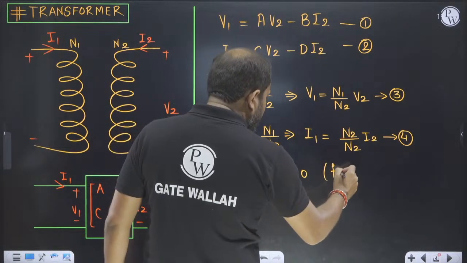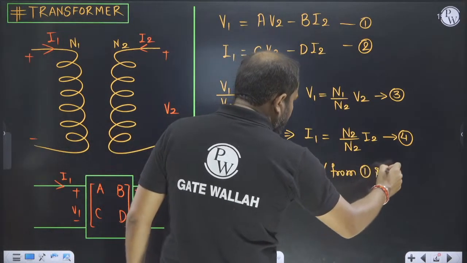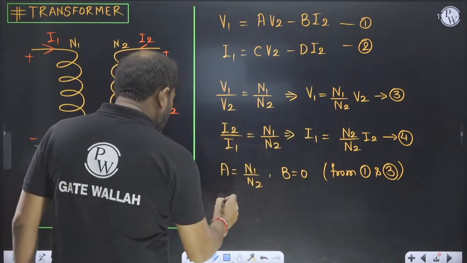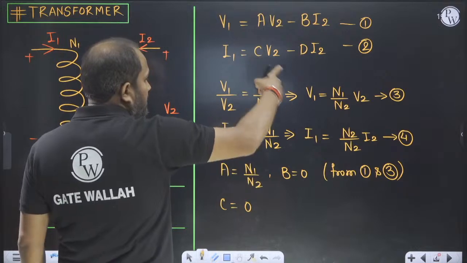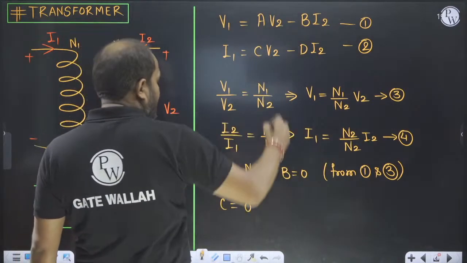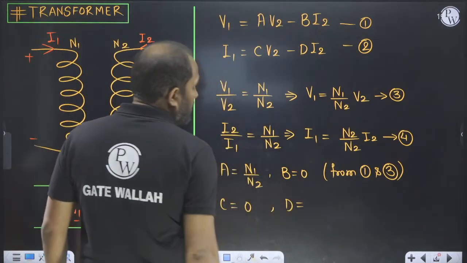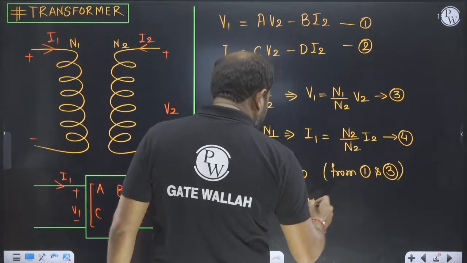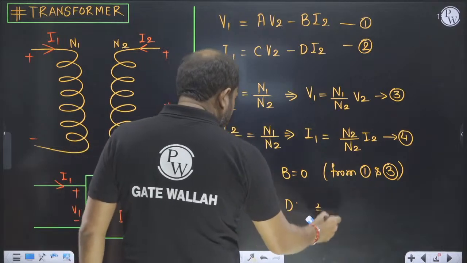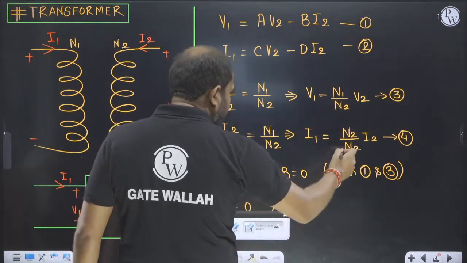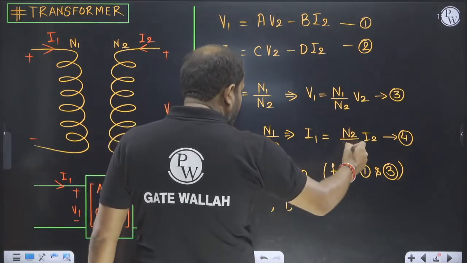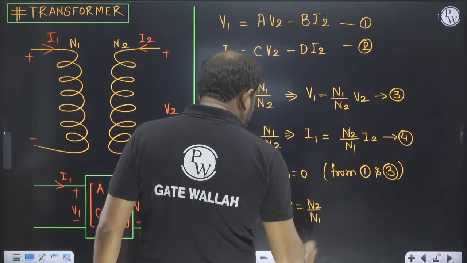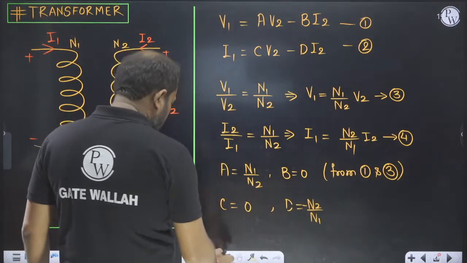Then from first and fourth, C is equal to 0, because there is no term for V2, and D is equal to minus N2 by N1. D will be the minus times N2 by N1.